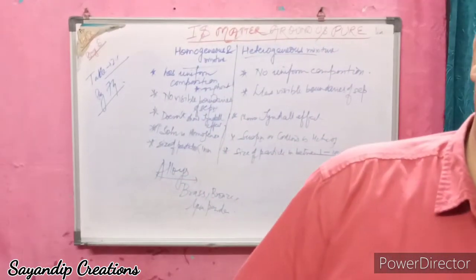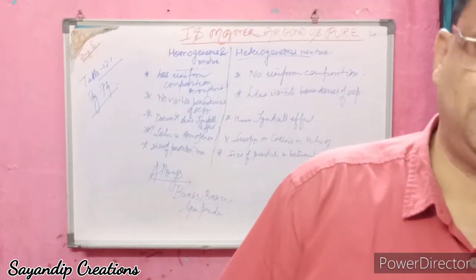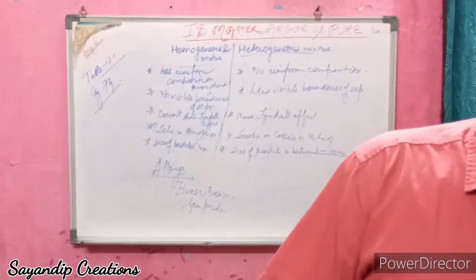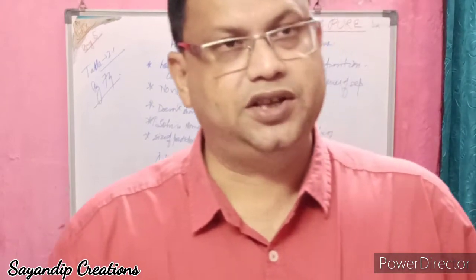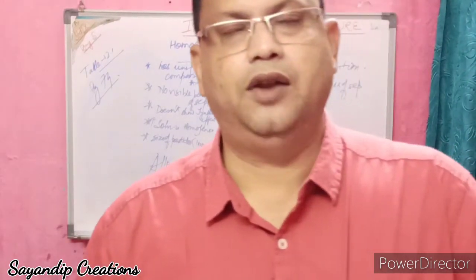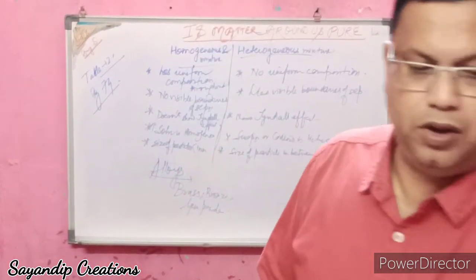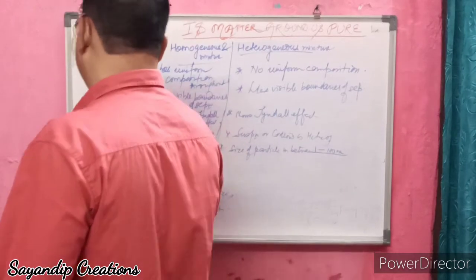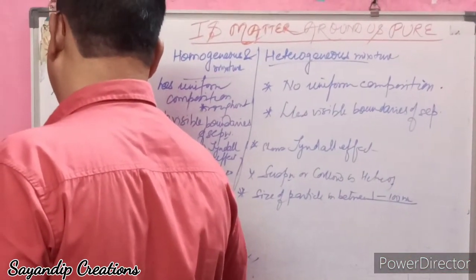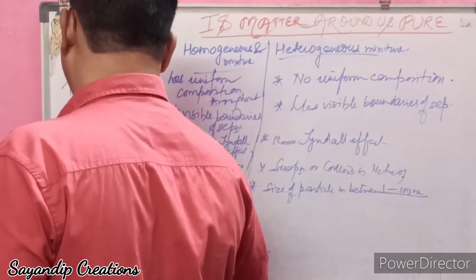Like what is meant by pure substances, distinguish between the properties of homogeneous and heterogeneous mixtures, what is the other name of pure substances, give 2 examples, and name 3 mixtures found in nature. Also the Check Your Progress on page number 75. This also you will write in your book.